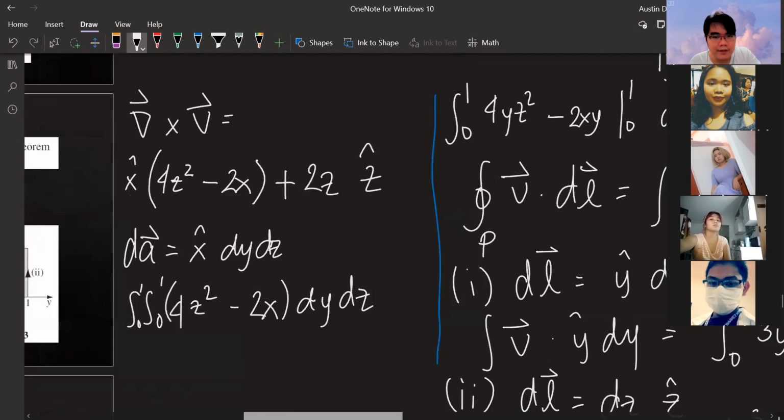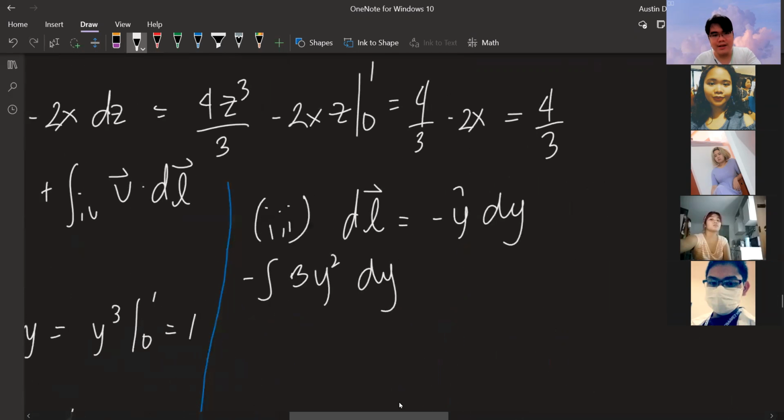Okay? That's a different thing now. 1 to 0. Okay? Let's do this. Ang matitira ay 3y squared. Integrate natin si y squared, y cubed over 3. Maka-cancel si 3. We're left with y cubed, negative y cubed.